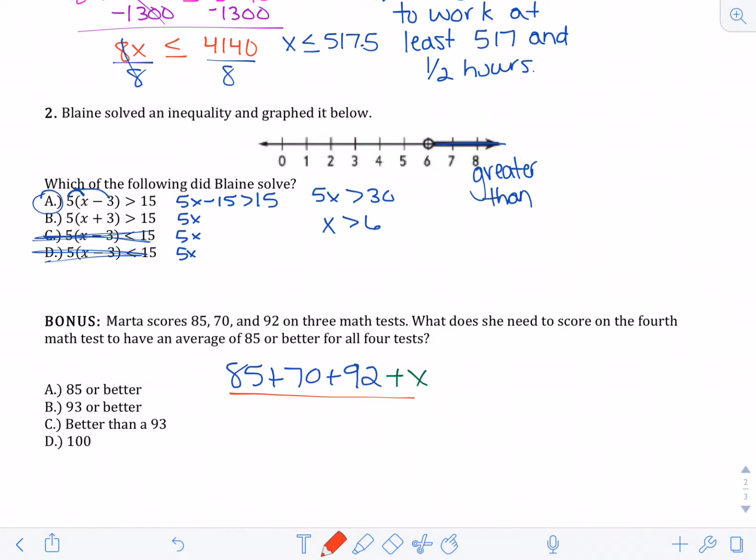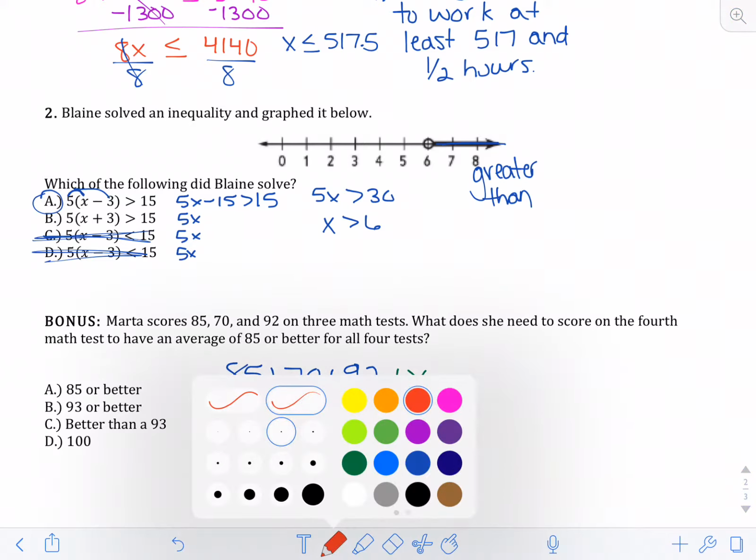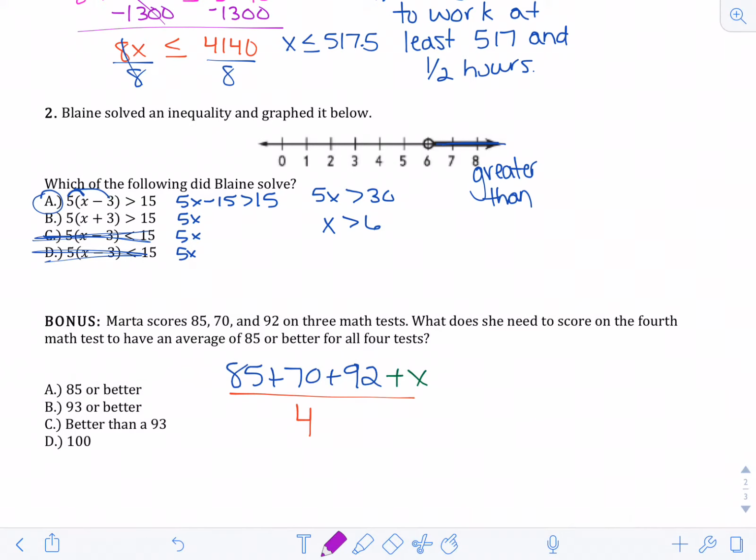So to find her average, we divide all this by 4. She says she wants to have an average of 85 or better. So what that means is this score can be greater than or equal to 85.